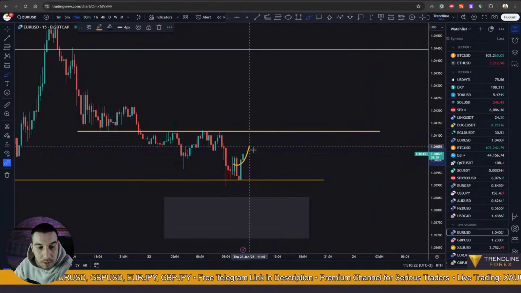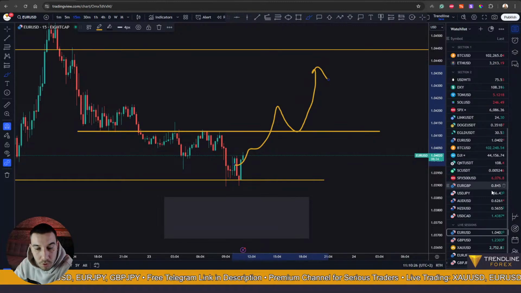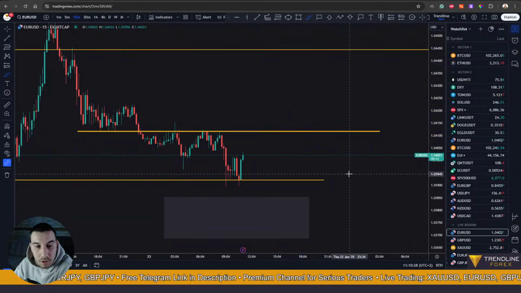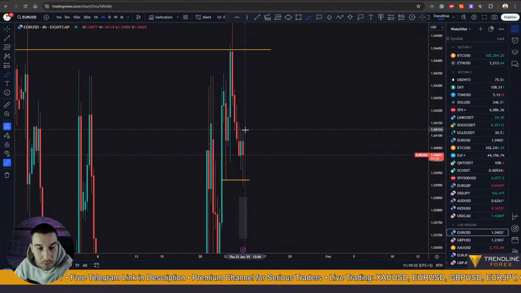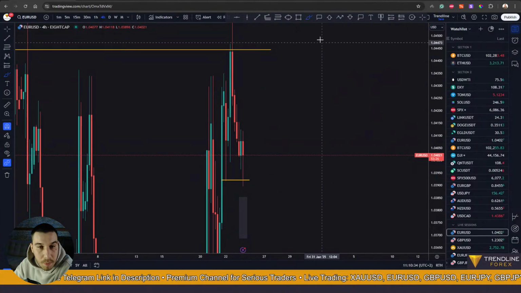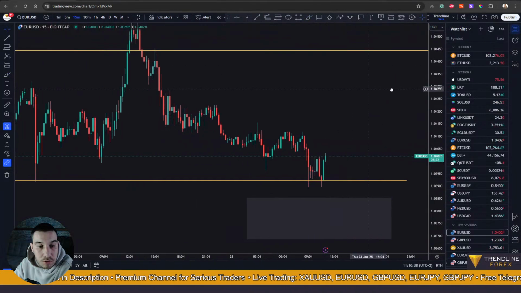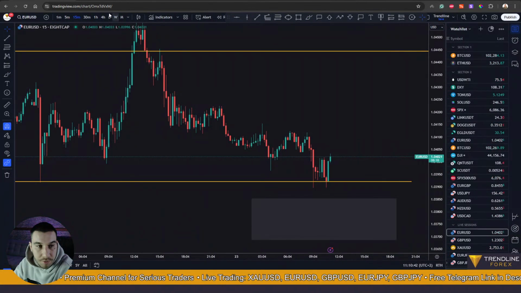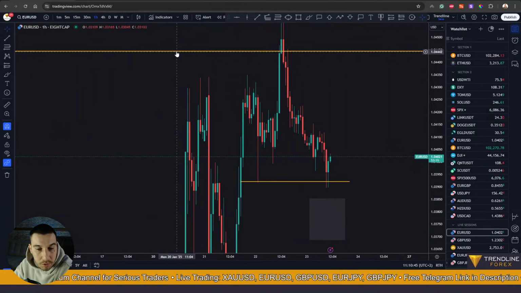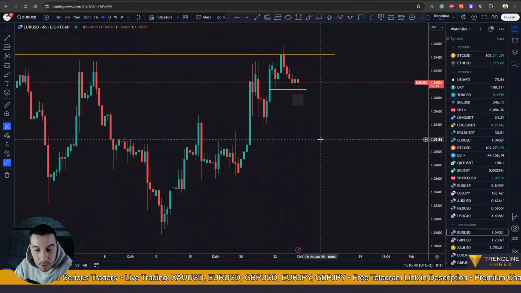If we get something like this, that would probably mean we may be closing a bullish candle here on the 4 hour time frame. So if I don't find an entry on the lower time frames, I'm just gonna pop up to the 1 hour, the 4 hour chart and look for this kind of confirmation.